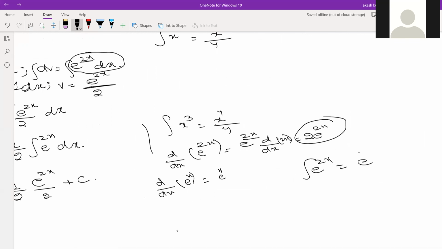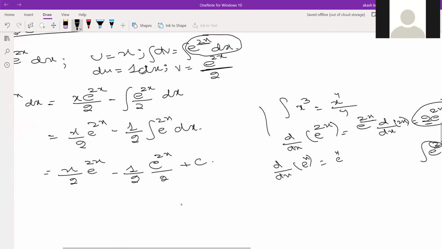Now we are going to integrate the function e2x. e2x will be as it is, and then we differentiate the power now. But this time it will be in divide, not in the multiplication. That's the difference. That is something else.